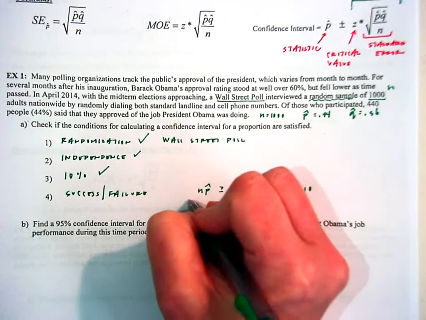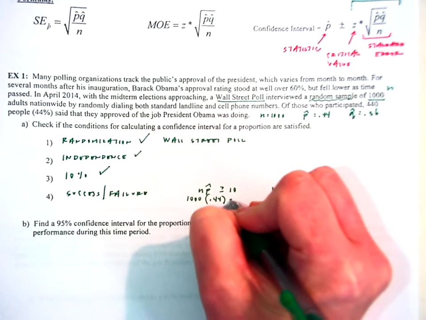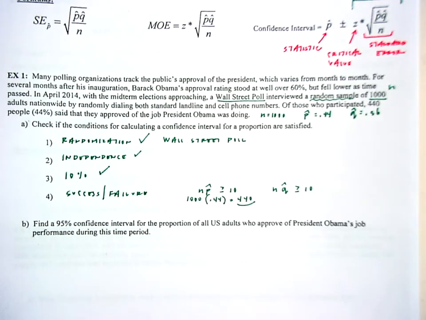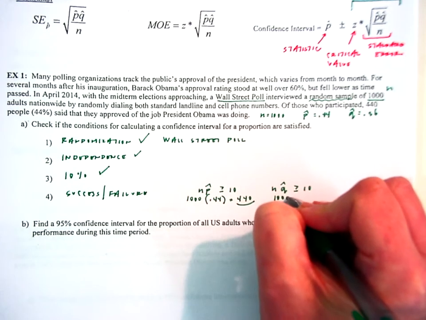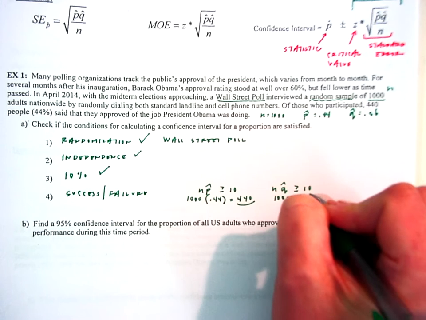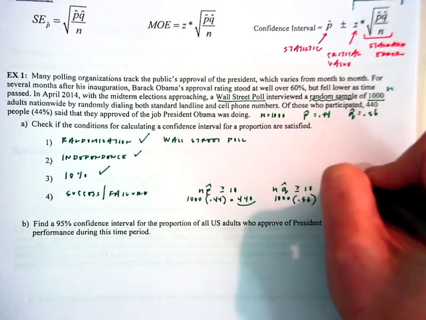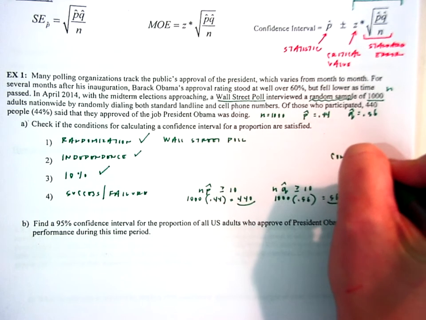So if I take my 1,000 people, multiply by 0.44, yep, got 440 who approve of Obama at this point in time. And then 1,000 times 0.56, I got 560 who do not. So excellent, my conditions are satisfied.